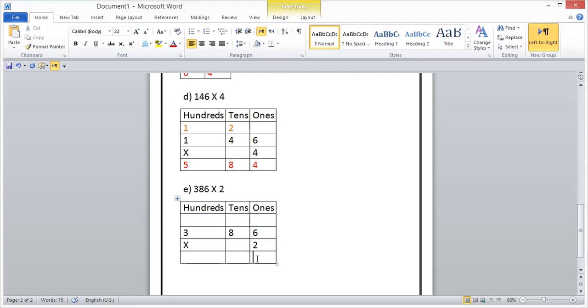12. What should I write here? Put 2, and in the tens we will put 1. 2 multiplied by 8 equals 16. 16 plus 1, 17. We will put 7 here and in the hundreds 1.